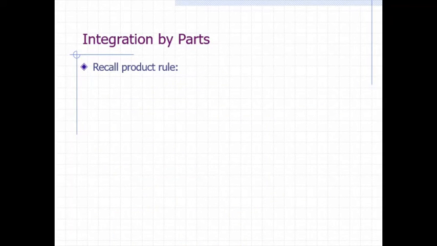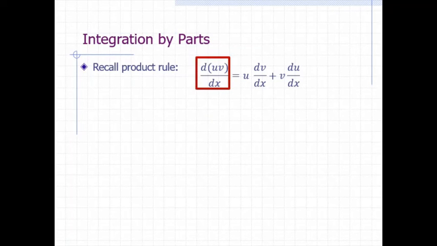Recall that the derivative of a product of two functions is equal to the first function times the derivative of the second plus the second function times the derivative of the first. If we call our two functions u and v, then the derivative of u times v with respect to x is equal to u times the derivative of v with respect to x plus v times the derivative of u with respect to x.